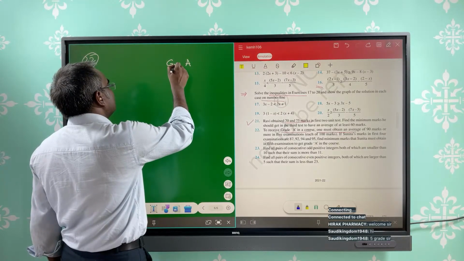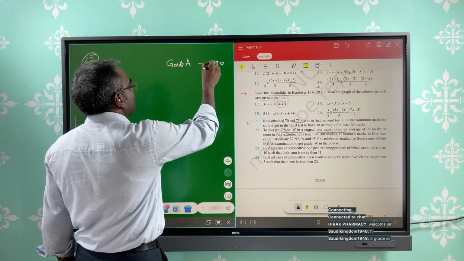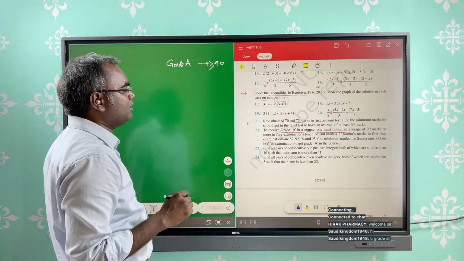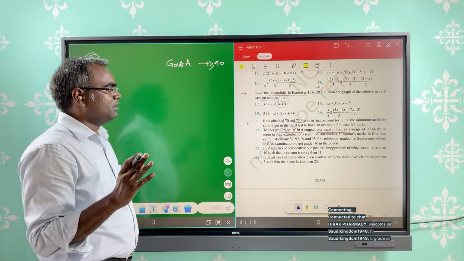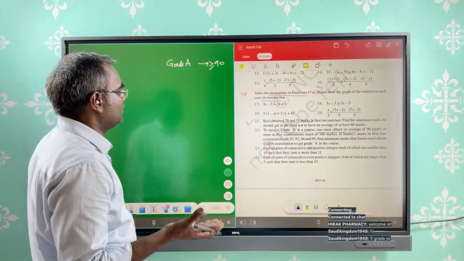Grade A means marks of 90 or greater than 90. ग्रेड तभी मिलेगा ए जब आपका एग्जाम में मार्क्स 5 एग्जामिनेशन होंगे, उसमें सारे में 100 मार्क्स के होंगे और मोर देन 90 आएंगे तो आपको ग्रेड ए मिलेगा.